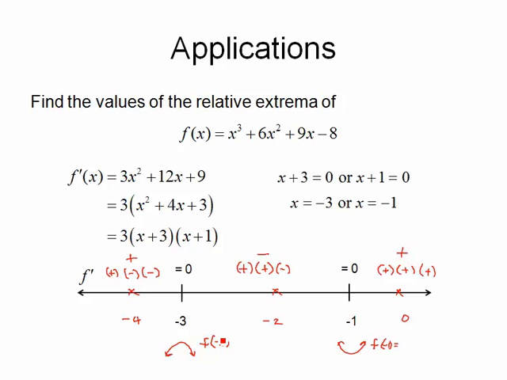When I put -3 back into the original function, that ends up giving me -8. And when I put -1 back into the original function, that gives me -12. So my relative maximum is at the point (-3, -8), and my relative minimum is at (-1, -12).